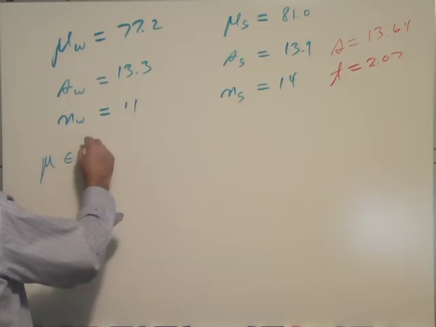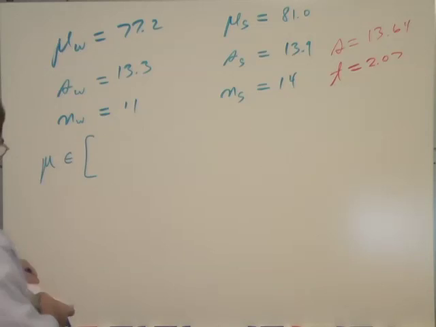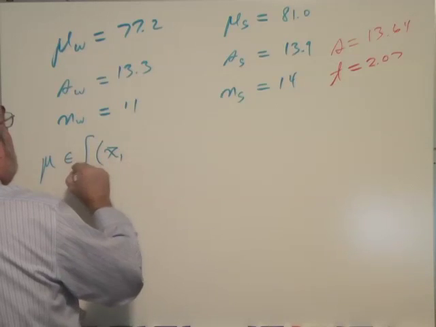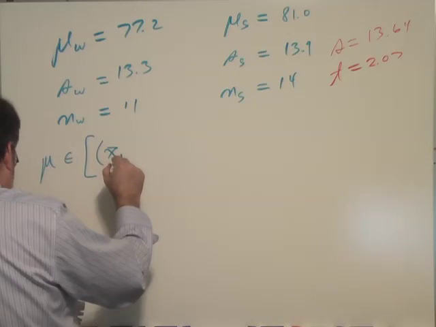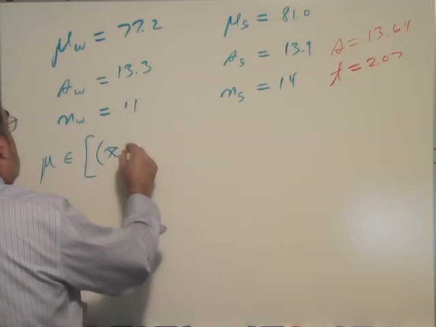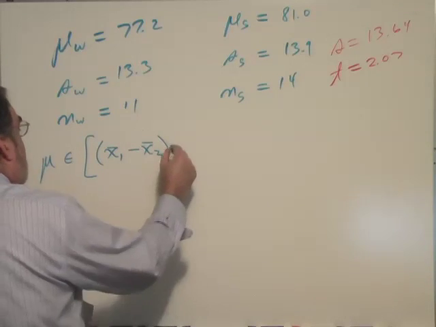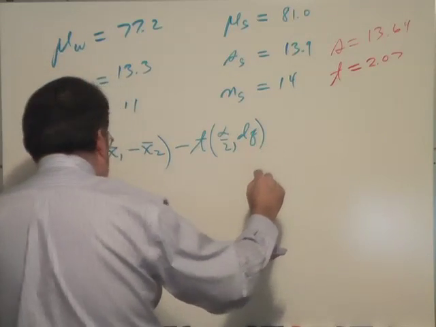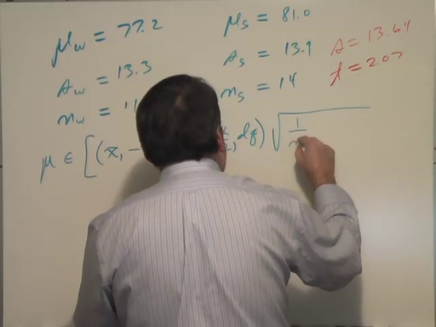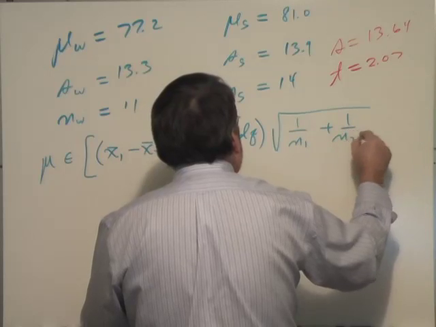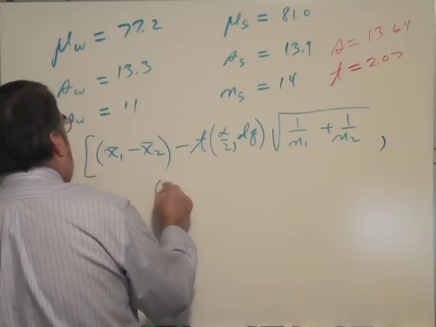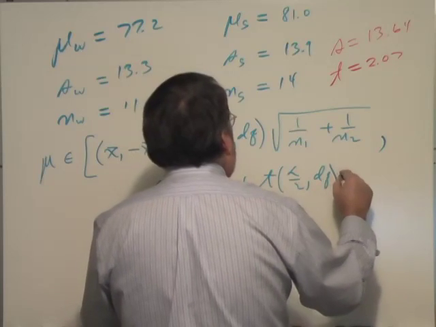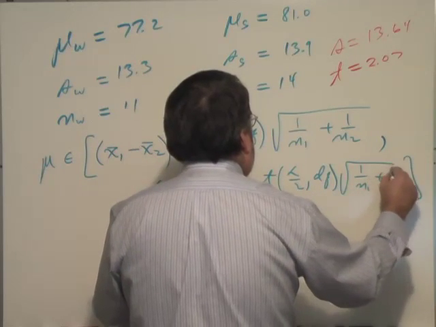Mu belongs to the range of values, bracket, and I have x bar 1 minus x bar 2 minus the t-score associated with alpha over 2 comma degrees of freedom times the square root of 1 over n1 plus 1 over n2 comma, and then x bar 1 minus x bar 2 plus t alpha over 2 degrees of freedom times the square root of 1 over n1 plus 1 over n2.